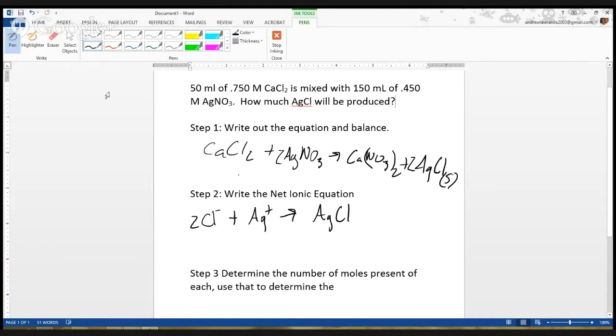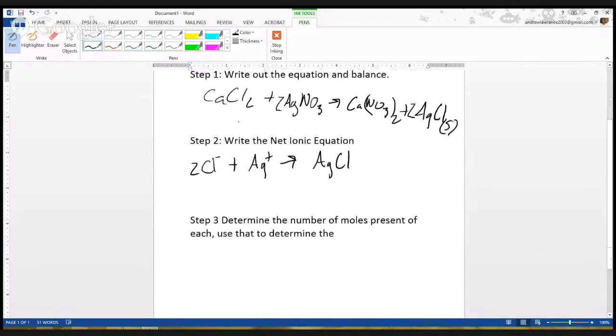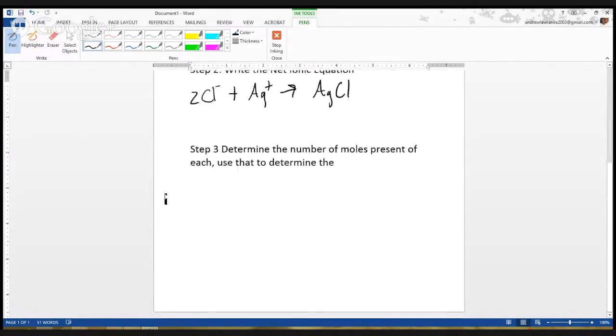Now, step 3, I need to determine the number of moles present, which is given to me in the example up above. But how I'm going to go about doing this is I'm going to take the volumes of my solutions and convert that into moles. So, 0.050 liters. This is my calcium chloride, CaCl2, and I want to determine how many moles of chloride ions I'm going to get from this.